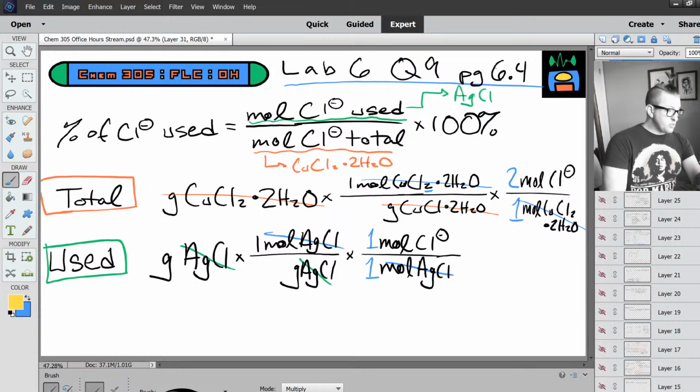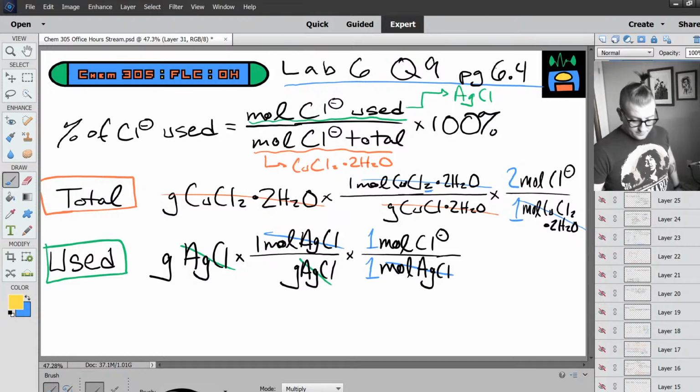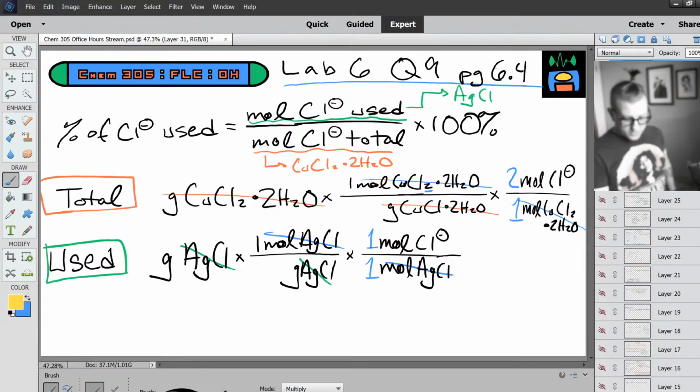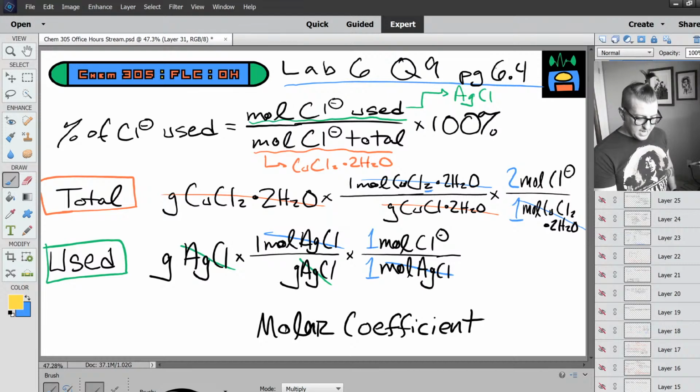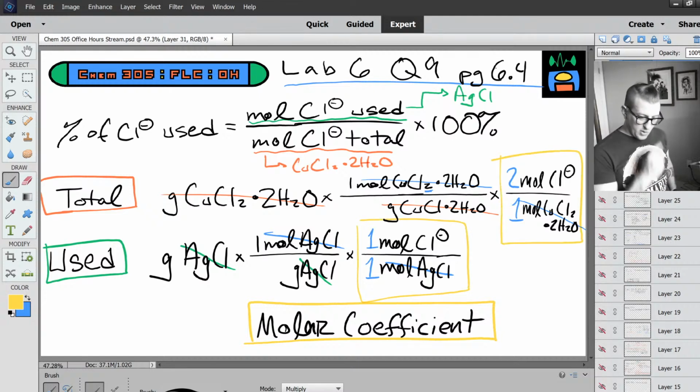And then, where you said you're not sure how to use the molar coefficient, they mentioned to be careful of the molar coefficients. That is this part and this part.